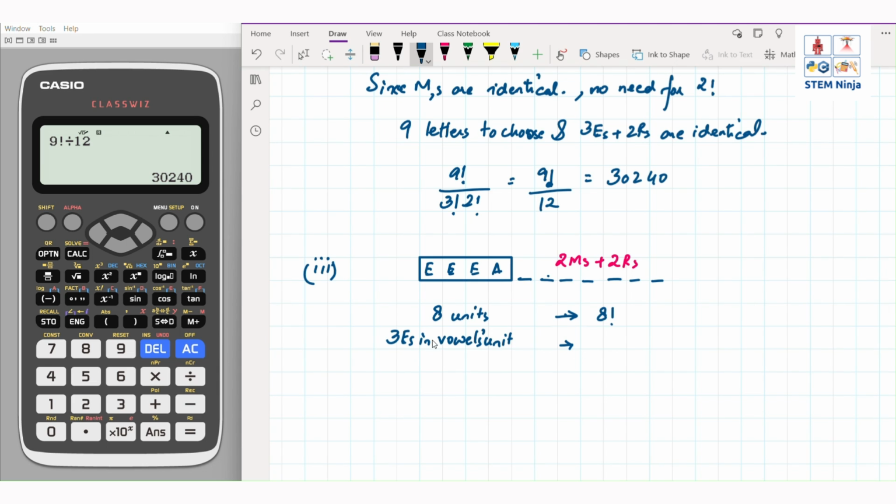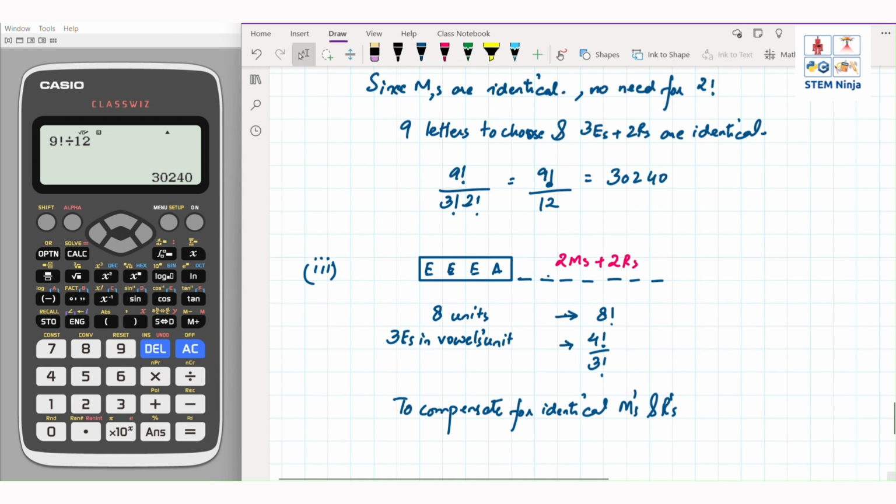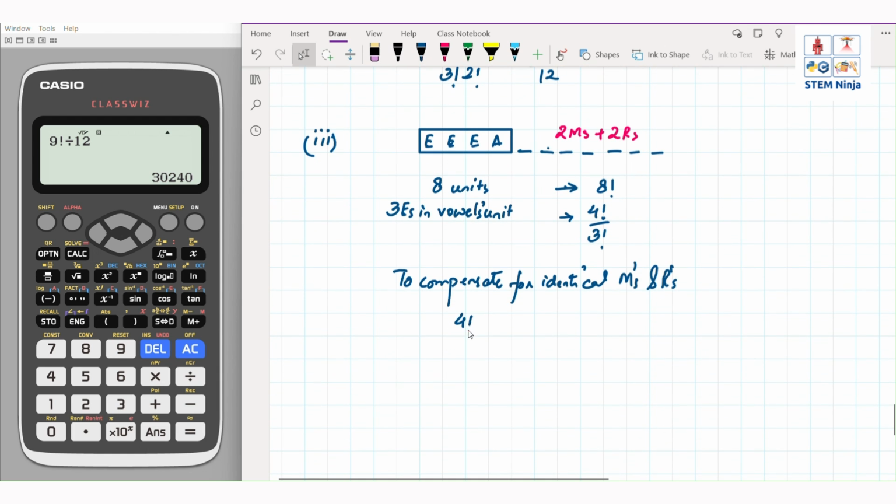3 vowels in the unit, we have 4 factorial divided by 3 factorial simply. But to compensate for identical M's and R's, what we will do simply is this: 4 factorial divided by 3 factorial times 8 factorial divided by 2 factorial, 2 factorial.